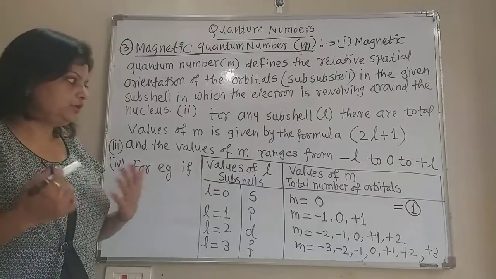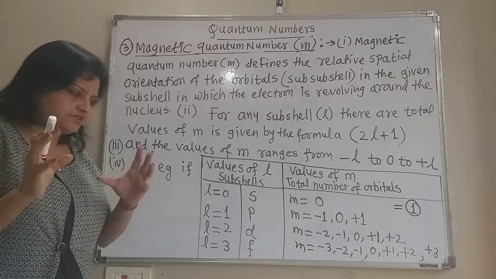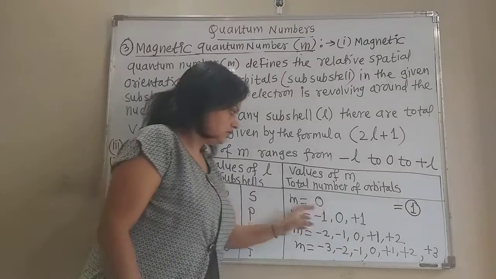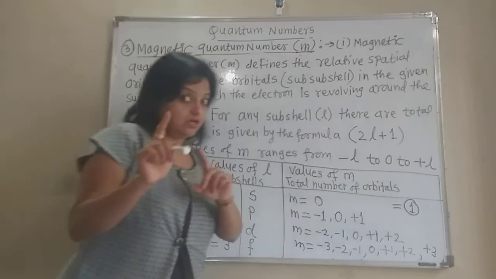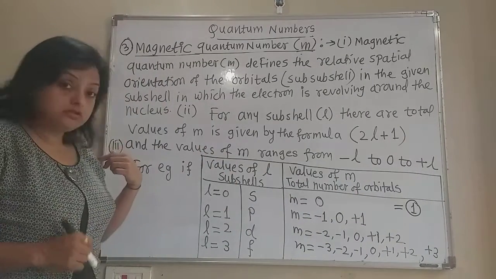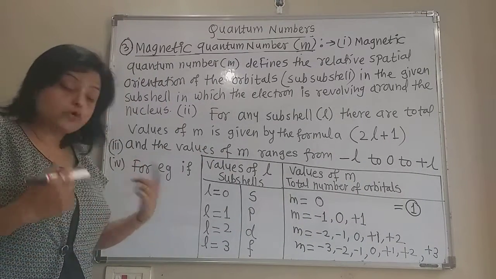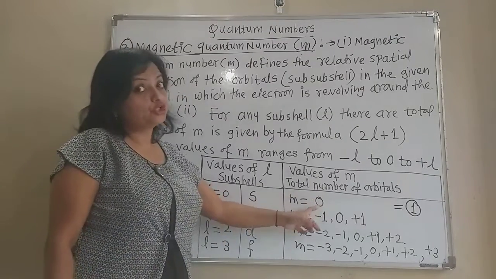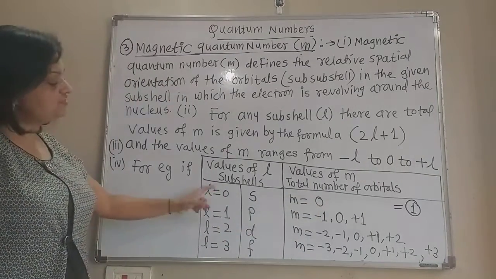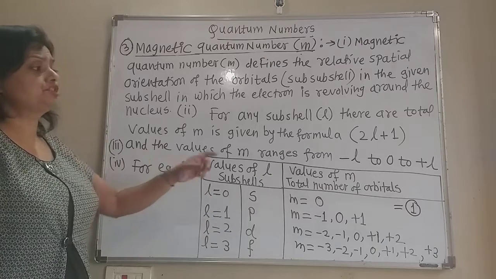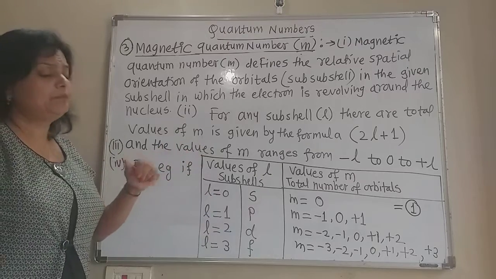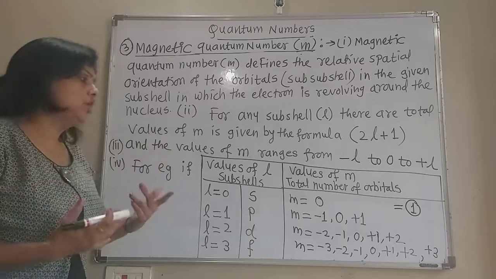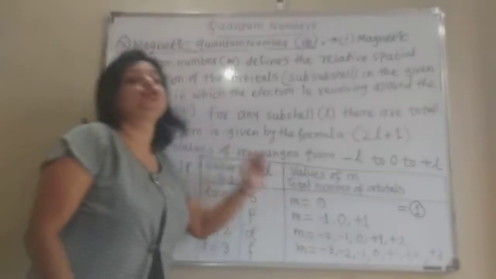So do you understand? The number of orbitals is 1, but that orbital has the magnetic quantum number value 0, because L is equal to 0 and the values range from minus L to 0 to plus L, so m is also 0.